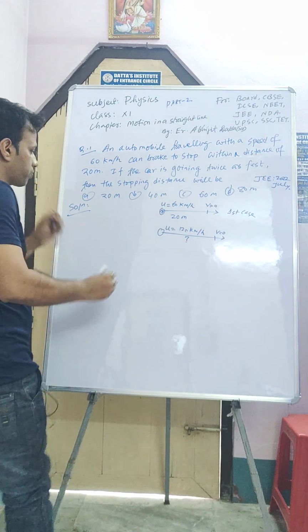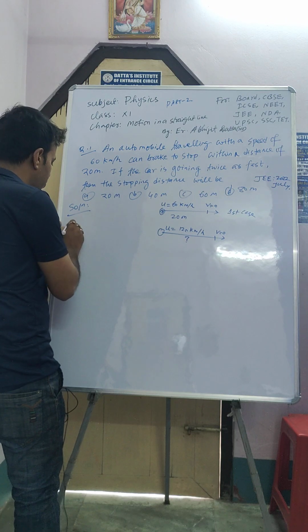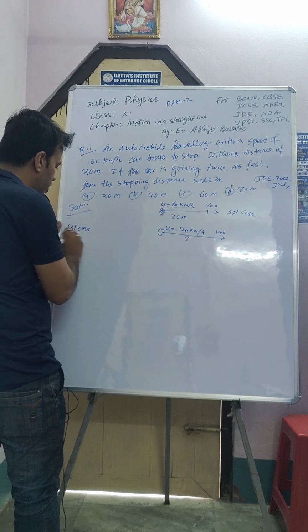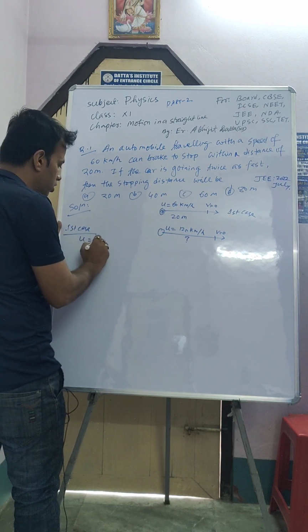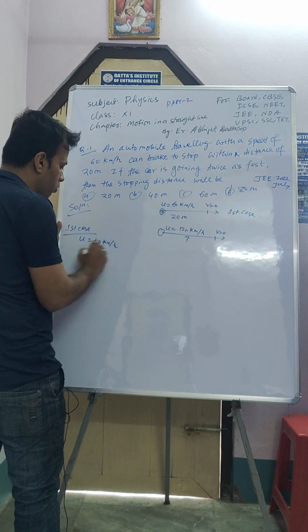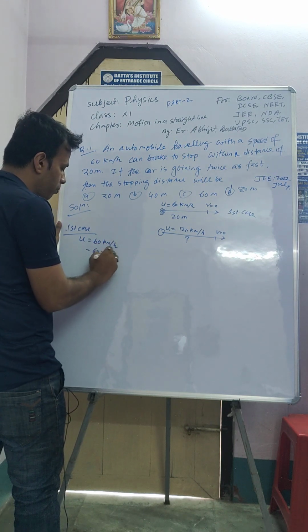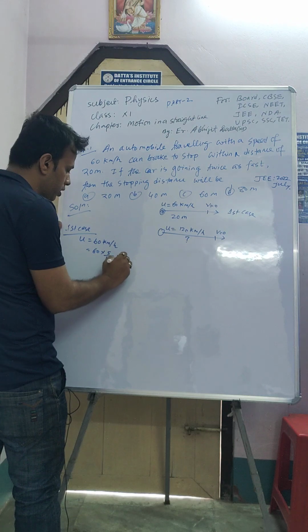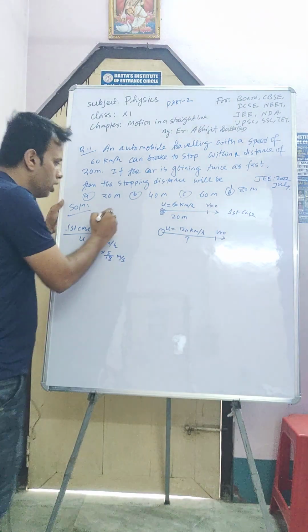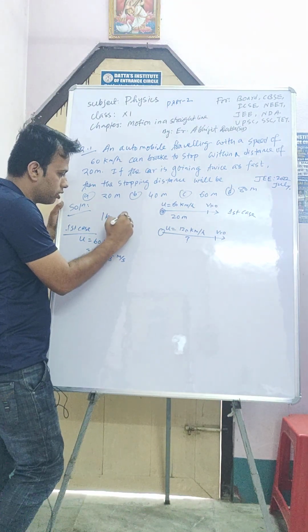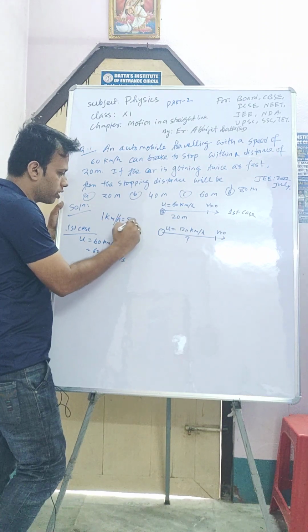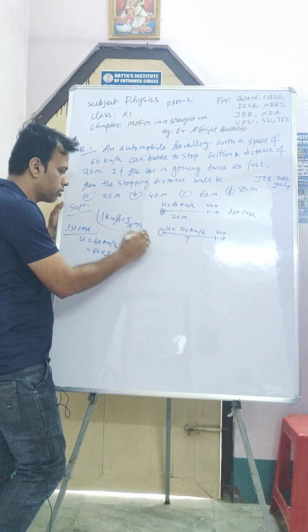Okay, so let's try. In the first case, u is 60 km per hour. You have to convert it into meter per second. 1 km per hour is 5/18 meter per second.